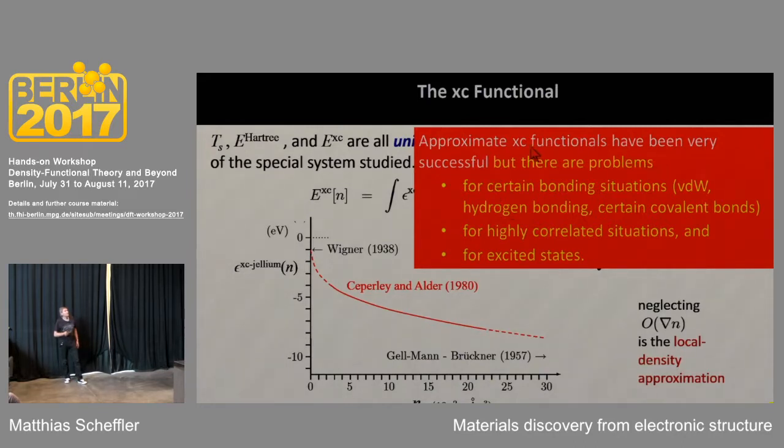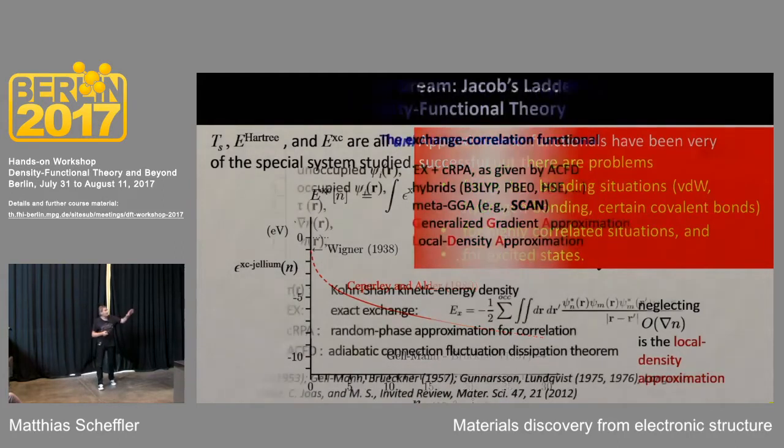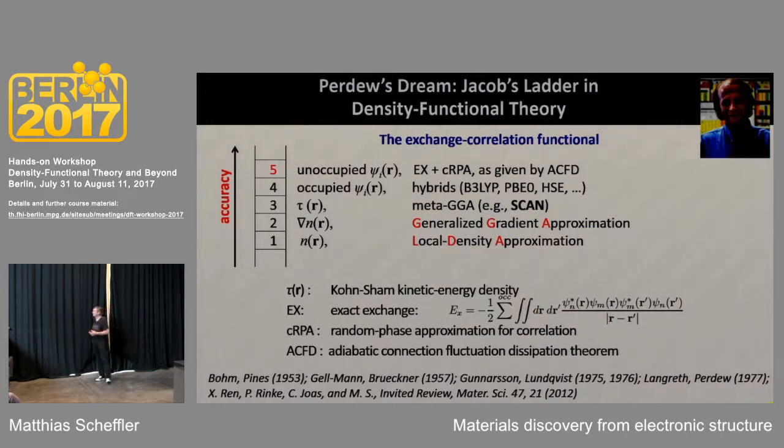Approximate exchange correlation functionals have been very successful, but there are problems: van der Waals, and you will hear a talk tomorrow by Tkatchenko, hydrogen bonding, certain covalent bonds, certain correlated systems, and for sure excited states, where several people will teach you how to deal with this. But for many things, when you know what you are doing, you can use this approximation or other approximations.